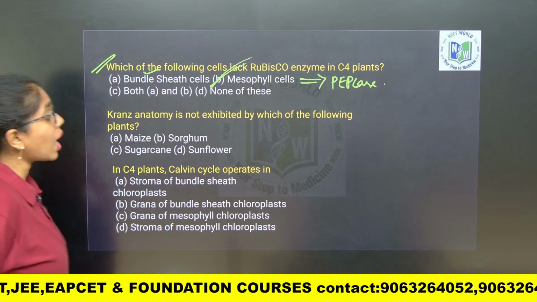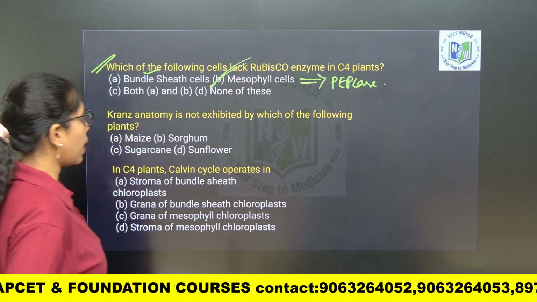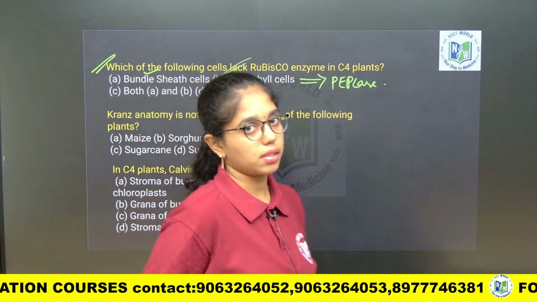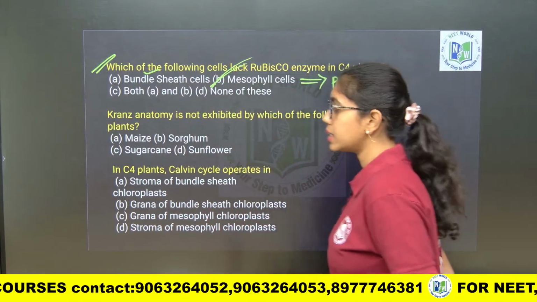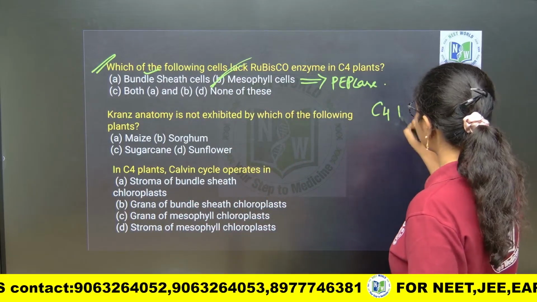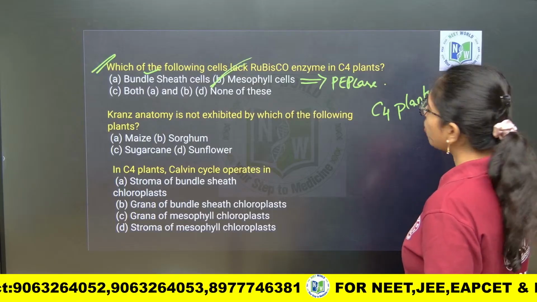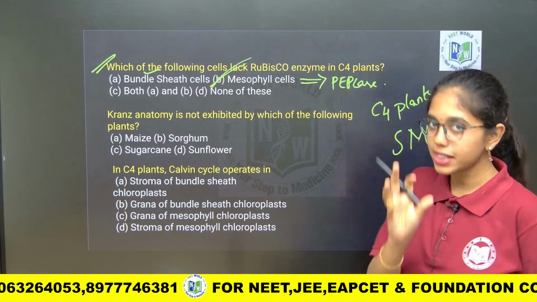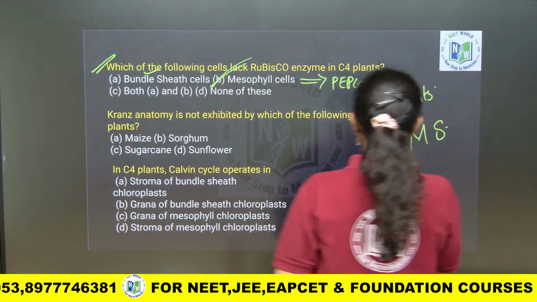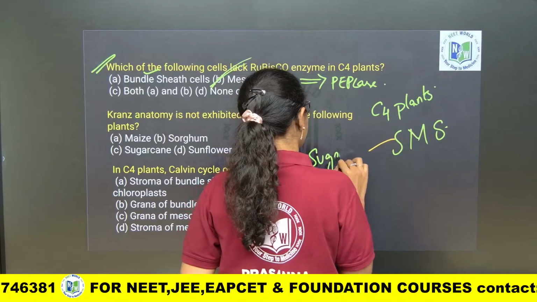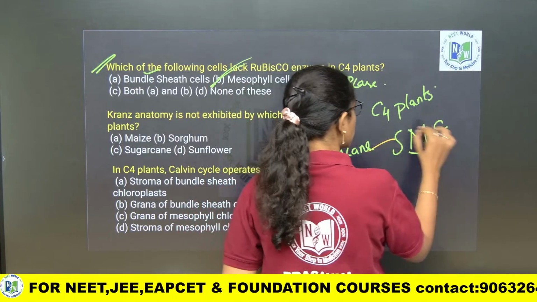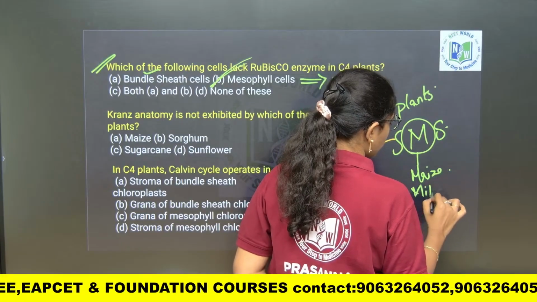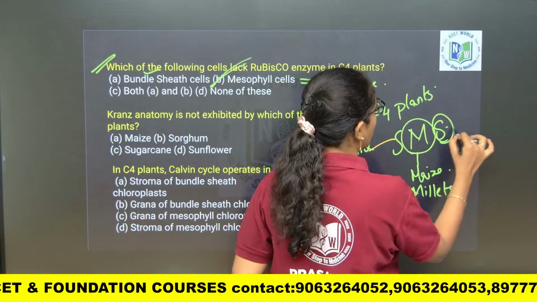Kranz anatomy is not exhibited by which of the following plants? Kranz anatomy is seen in what? C4 plants. The best mnemonic which I can give you is SMS to remember a few examples of C4 plants: sugarcane, maize, or most of the millets, and sorghum.